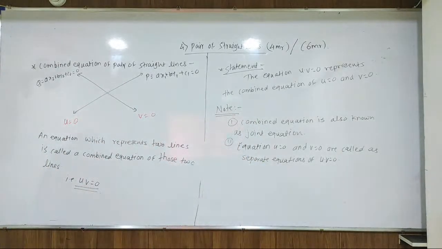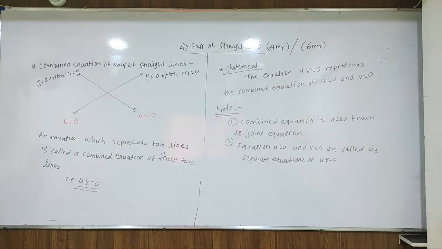Understood? Equations u and v are called separate equations of u into v is equal to 0. Examples from our exercise 4.1. Remaining theory we will continue in the next lecture.